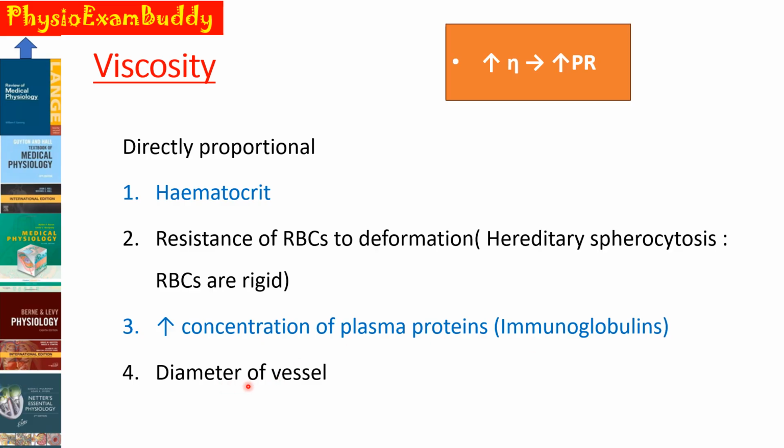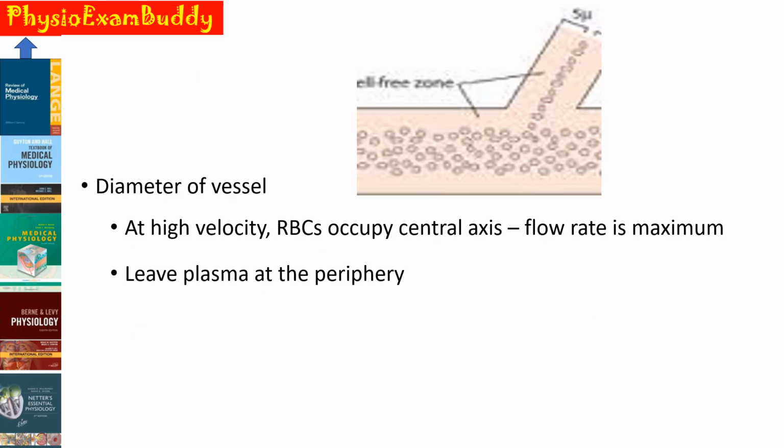Next is about the diameter of the vessel. When the diameter of the vessel is high, it will actually increase the viscosity and thereby increase the peripheral resistance. So we will see in detail how the diameter of the vessel will affect the viscosity. At high velocity, in a very large blood vessel, the RBCs usually occupy the central axis where the flow rate is maximum, leaving the plasma at the periphery.